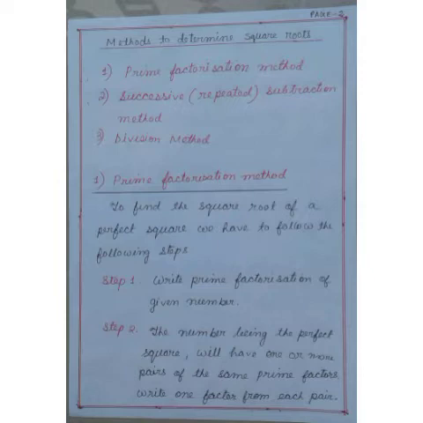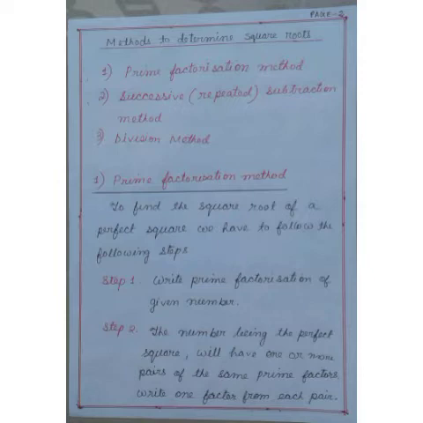Method number 2, successive subtraction method. Number 3, division method. In today's class we shall discuss methods 1 and 2. In the next part we shall discuss method number 3.